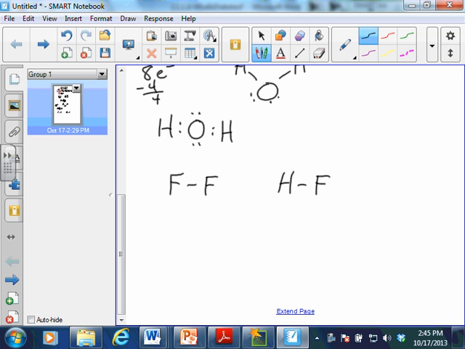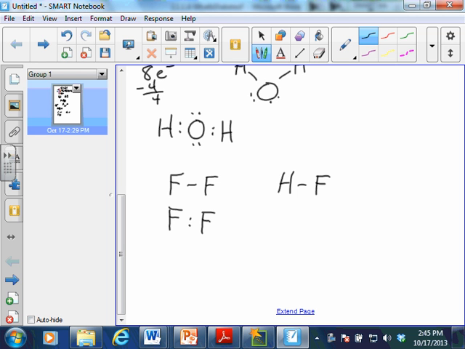Okay, the two fluorines are sharing them equally, right? You remember that? Because fluorine and fluorine, they're really evenly matched in this electron tug of war, right? One of them can't pull the electrons any closer than the other one because they both have the same electronegativity.